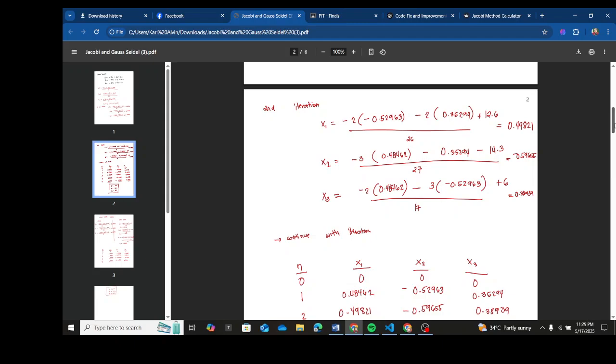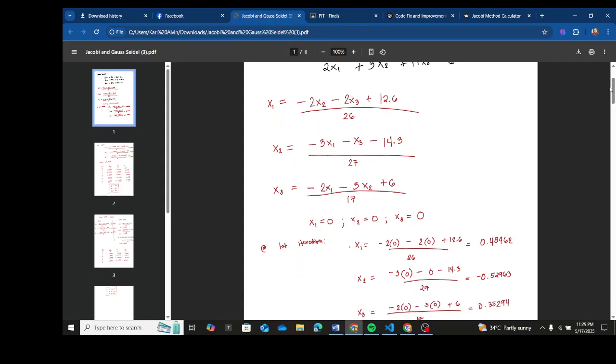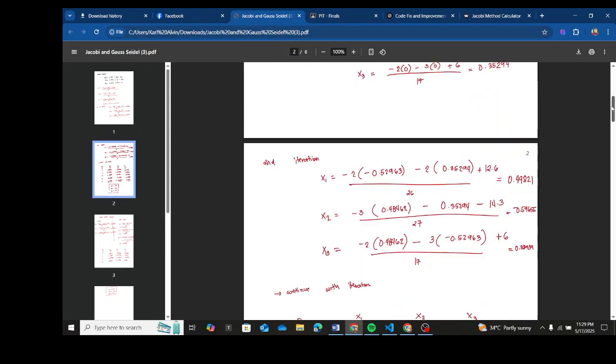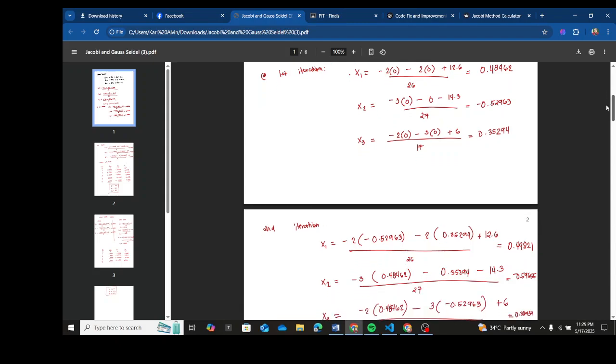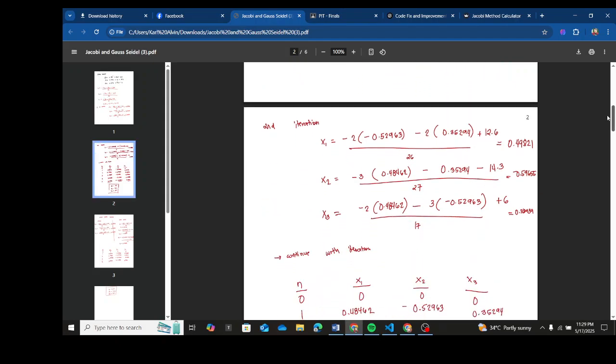So when we go back to our equation, the x variables should be substituted with our new initial guesses, which came from our first iteration. So it looks like this.